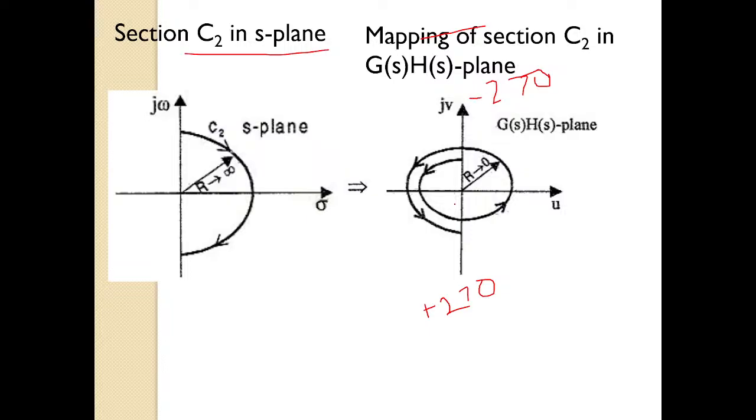If theta varies from negative to positive, then the contour should be in anti-clockwise direction. So from here to here, this is our plot.